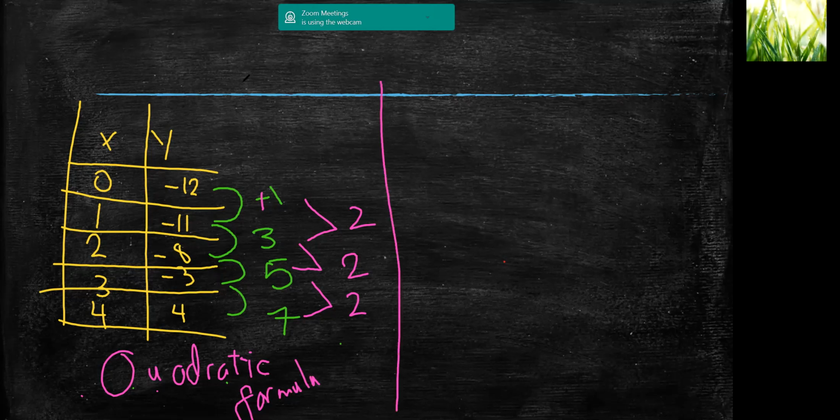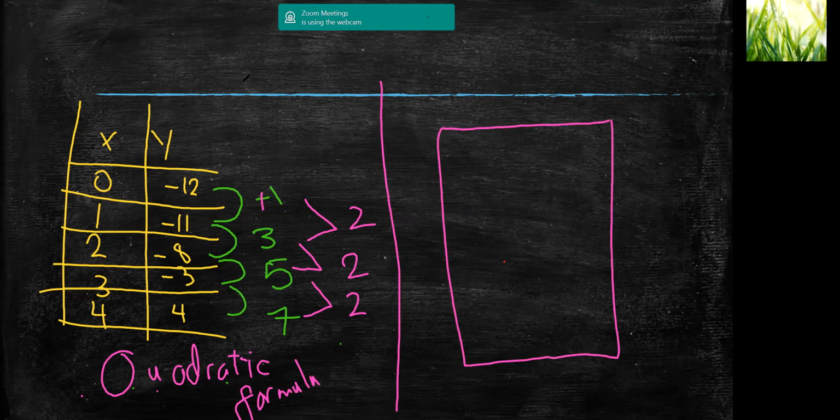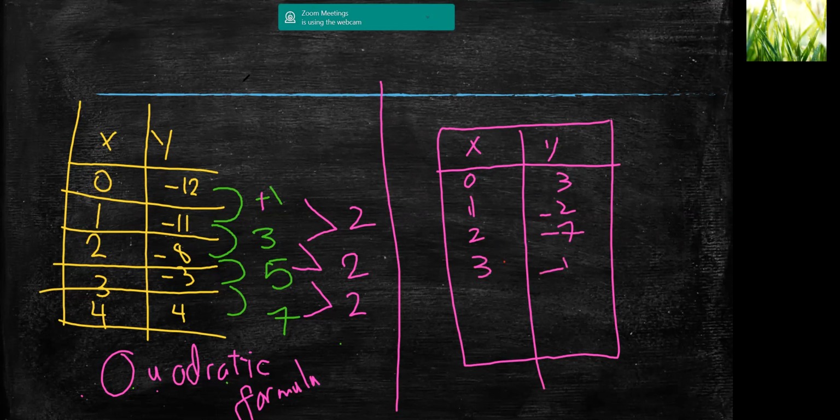Now let's take another example here. We have x and y also. 0, 3; 1, negative 2; 2, negative 7; 3, negative 12; and 4, negative 17. Let's talk about the first difference here also.